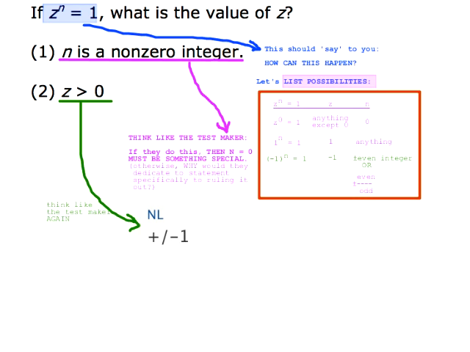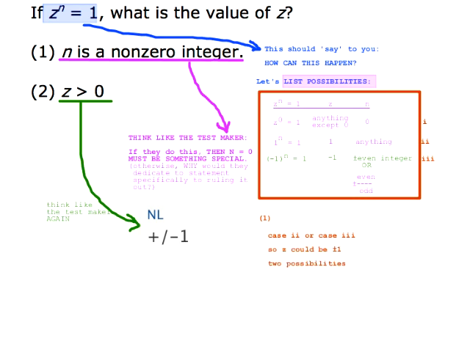So statement 1. And let's call these cases Roman numeral 1, 2, and 3. With statement 1, if n is non-zero, that could be either case 2 or case 3. So Z could be either 1 or -1.